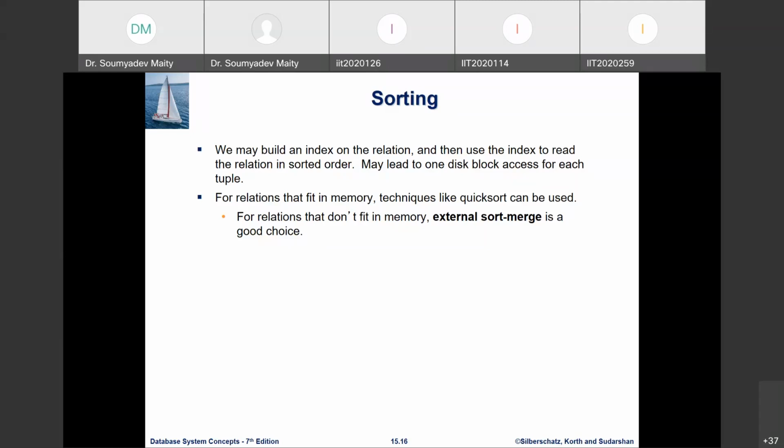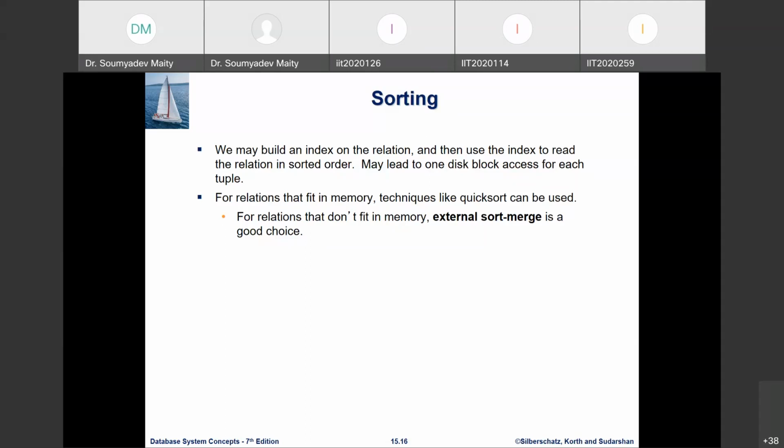Another need, which you will see later, is that in order to perform a join operation, if we perform a sorting before doing the join, then the cost of the join operation reduces considerably.